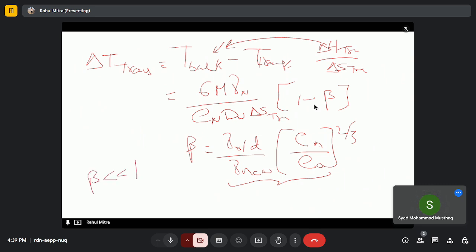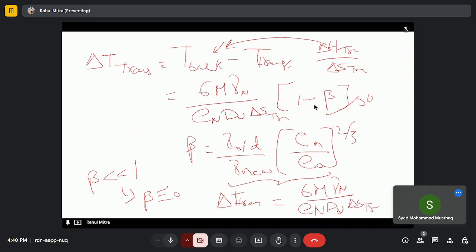We can assume beta is approximately equal to 0, and this term will go out. So what we have is delta T transition equals 6m gamma new divided by rho new d new times delta S transition.